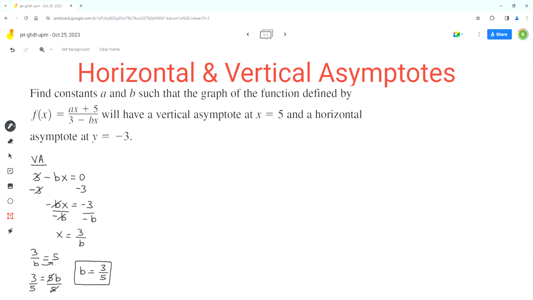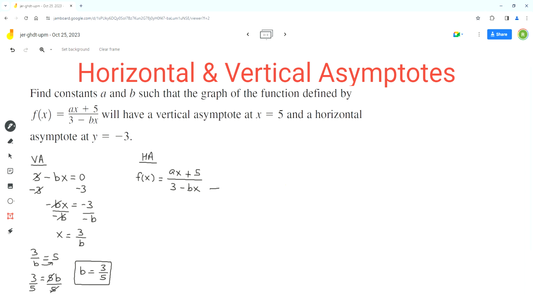Now we can do the analysis for the horizontal asymptote. To find the horizontal asymptote of this rational function, we have to modify this given function. So we can use the limit method to find the horizontal asymptote for this function, and for that we'll have to analyze the expression in the denominator.